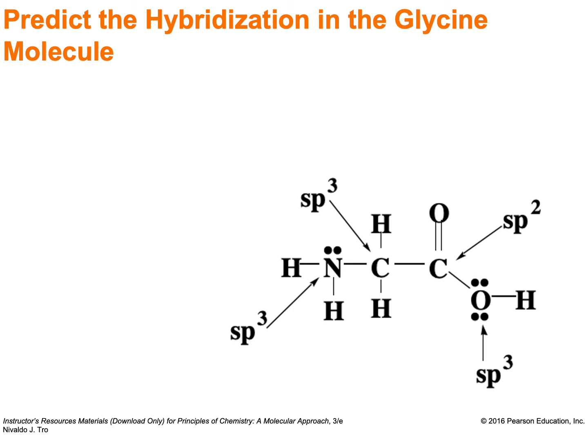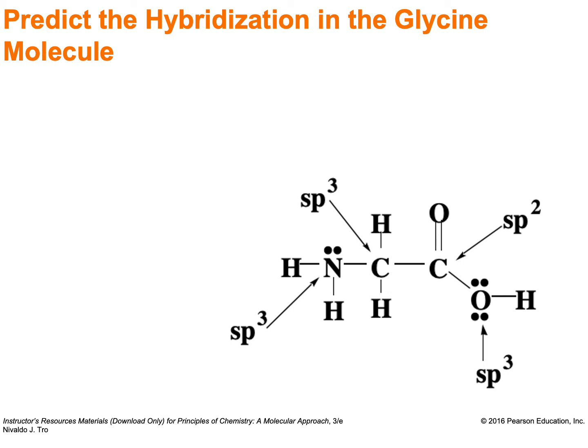If it's tetrahedral, if it has 4 areas, no matter whether they're bonds or lone pairs, they are going to form sp3 hybridized orbitals. The only one that's different in this molecule, the amino acid glycine, is the second carbon atom, the central carbon atom. It has 3 areas of electron density, trigonal planar, therefore it has sp2 hybridized orbitals.